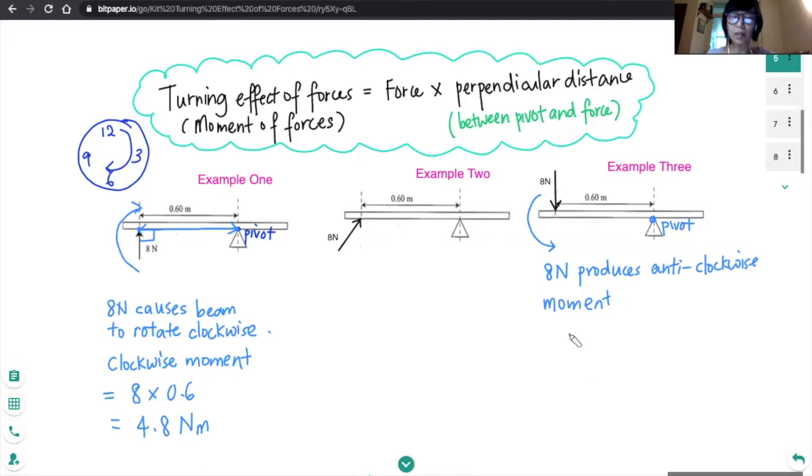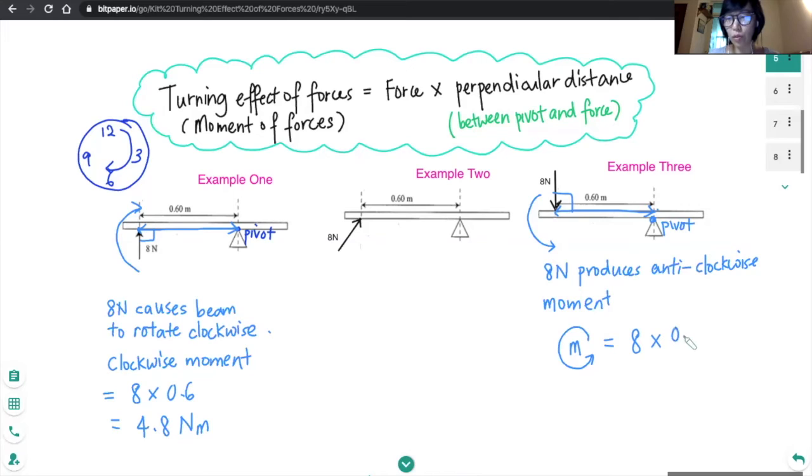So for anti-clockwise moment, I sometimes use a very short symbol to represent it. Don't use it if your teacher doesn't allow it, okay? So anti-clockwise moment is equals to force times perpendicular distance. So I have my 8 Newton. And similarly, the distance is right angle to the 8 Newton between the force and the pivot.